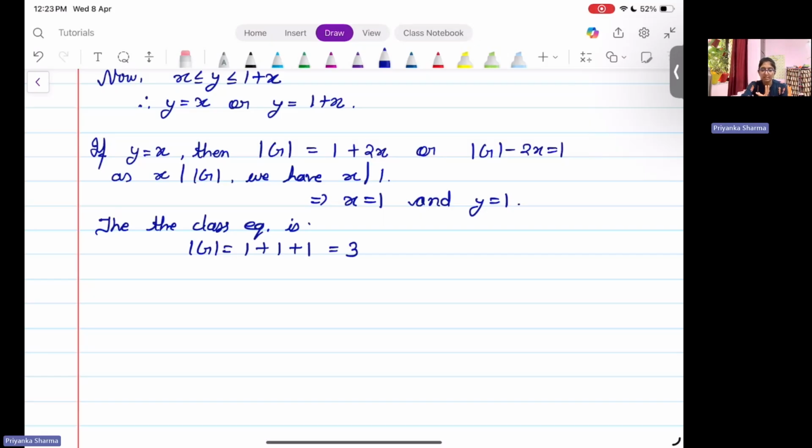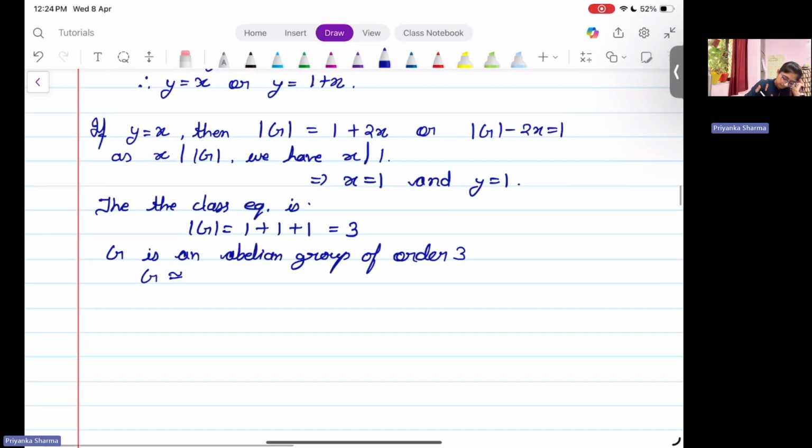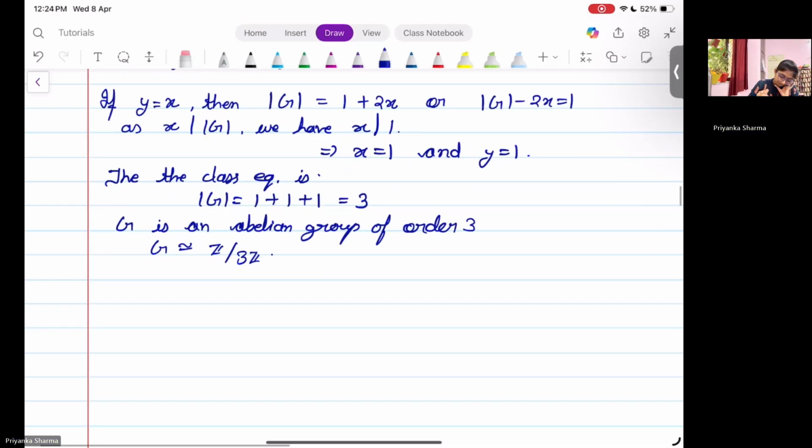And obviously, the order of G is 3, so G will be abelian. So in this case, G is an abelian group of order 3. Up to isomorphism, what can G be? Z mod 3. So there is only one possibility for G up to isomorphism.